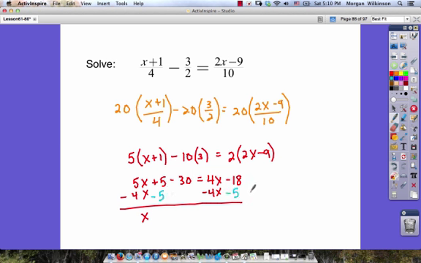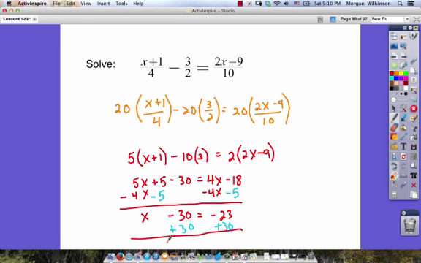So we can help take care of one step at a time. So if we do that, well, negative 18 minus 5, that's going to give us an answer of negative 23. And then we could have also done this at the same time, add 30. But let's do that in the next step. Minus 30. So we're going to add 30 to both sides and figure out our final answer.